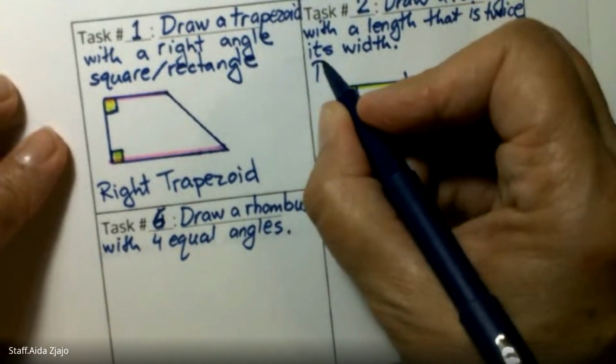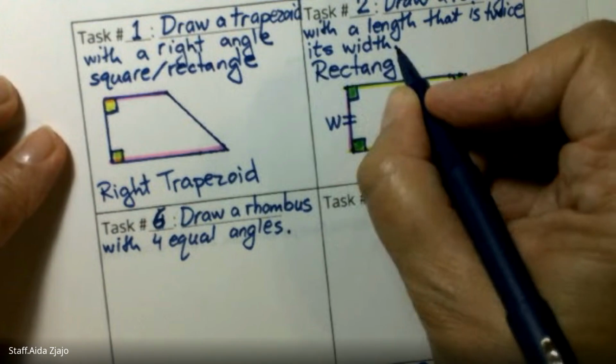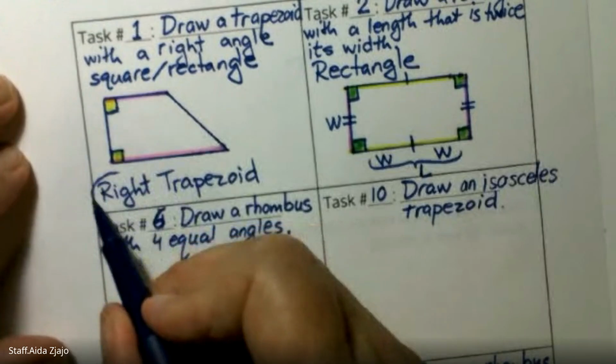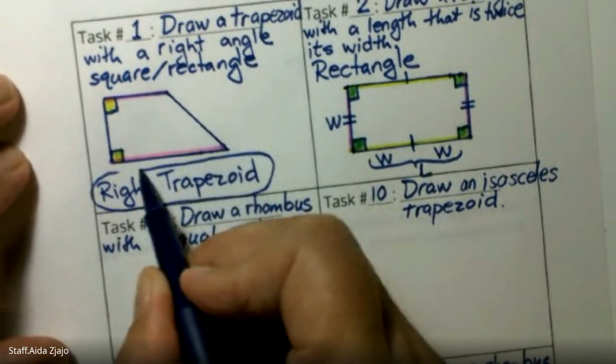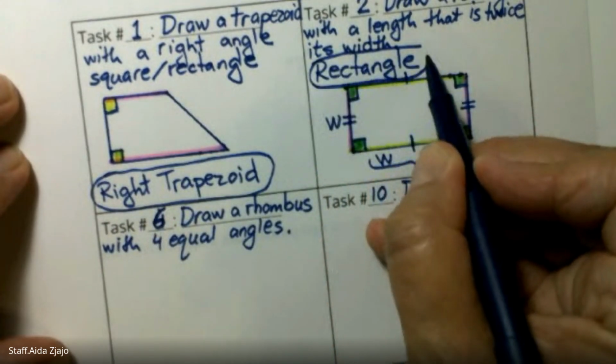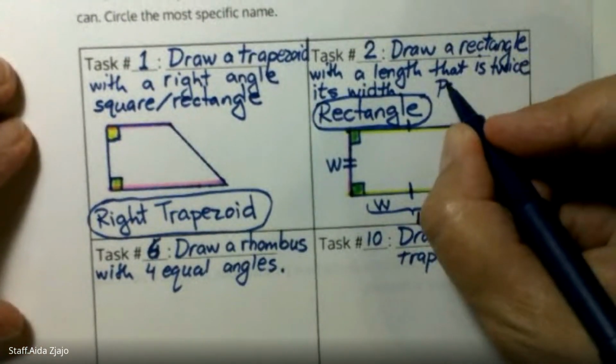Rectangle. I'm going to circle the original name, which is this one, but it can also be a parallelogram.